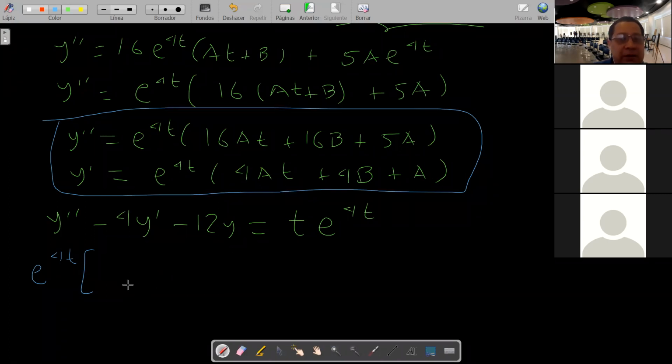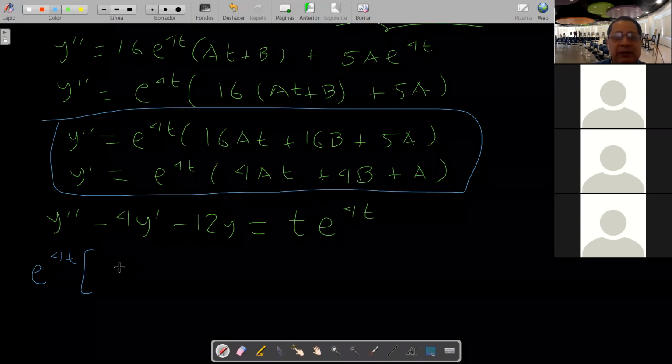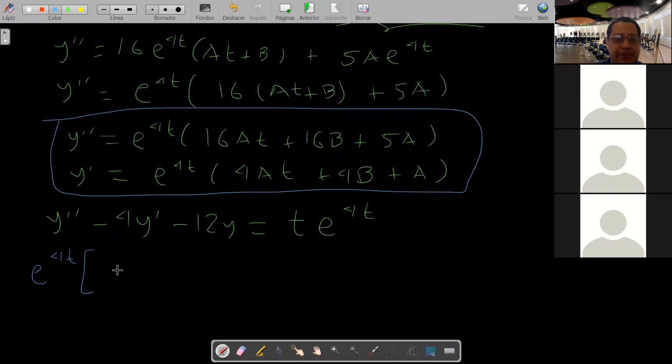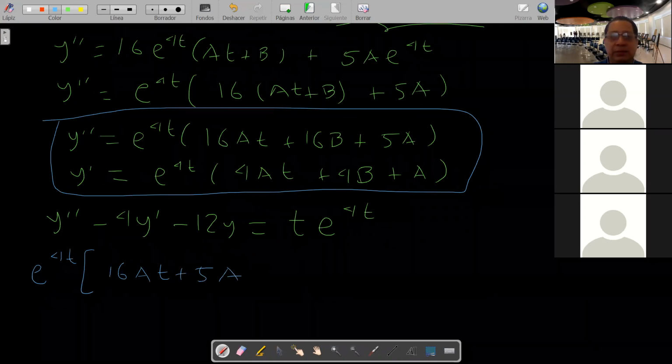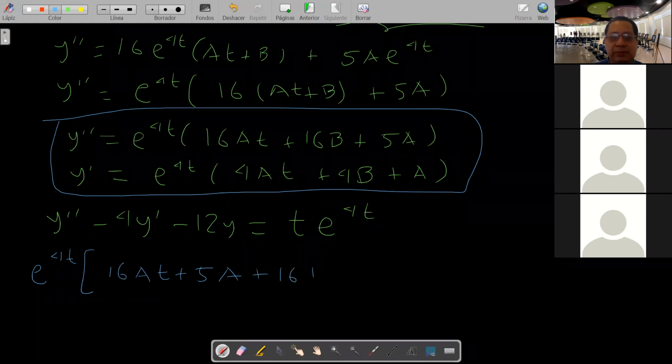So we have y double prime, which is 16At plus 5At plus 5 times A plus 16B.